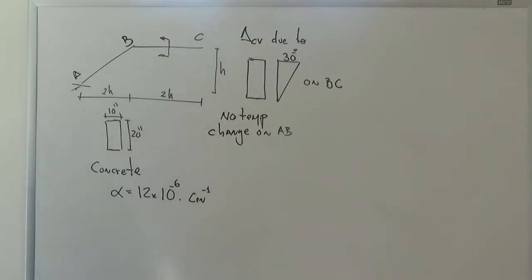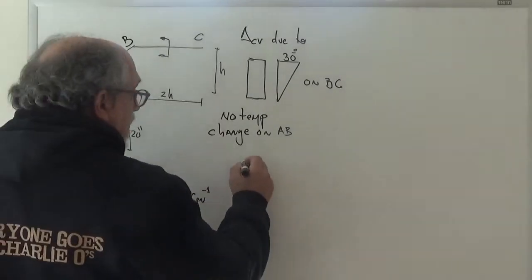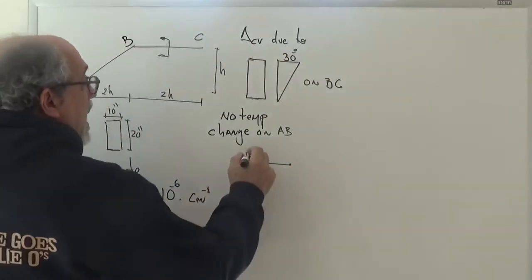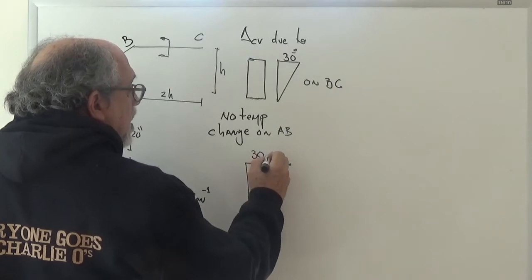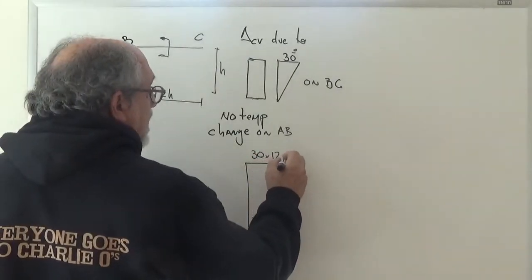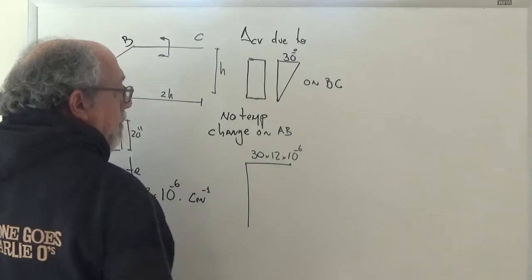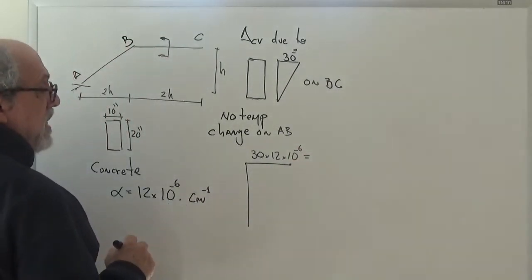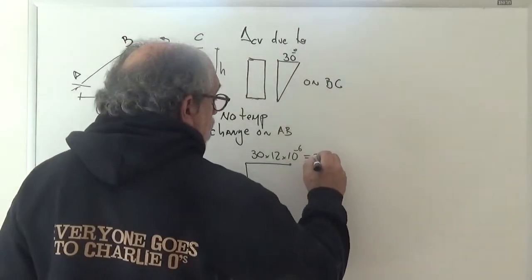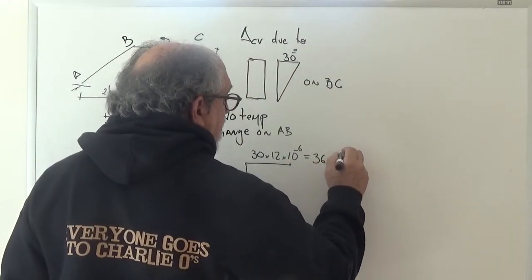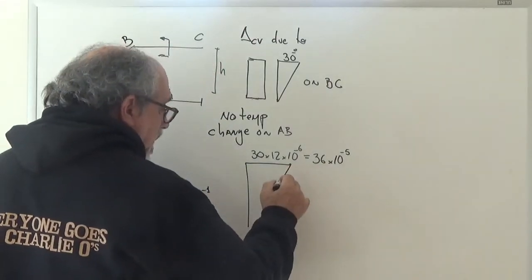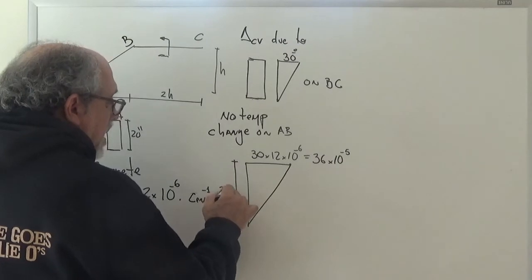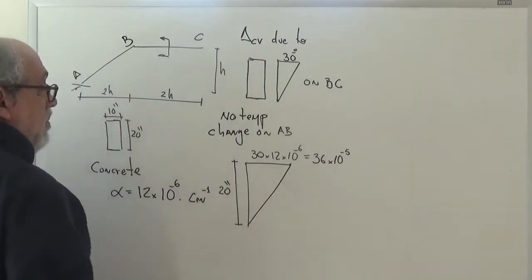So, if I look at my strain diagram, I'm going to get that on the top I have 30° centigrade multiplied times 12 times 10 to the minus 6, right? And that's my strain. And that's 360 times 10 to the minus 6, or 36 times 10 to the minus 5, right? And my strain in the bottom is 0. I also have that the distance from here to here is 20 inches, because that's the height of the bar.